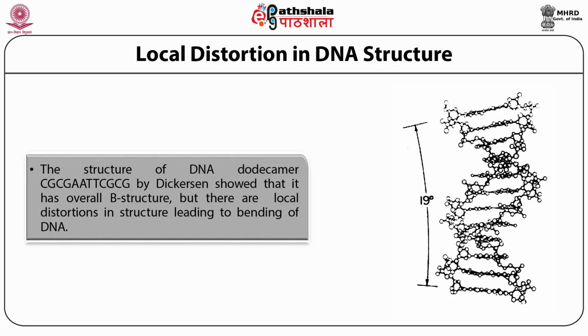This DNA had overall parameters same as B structure, so it was B DNA, but there were local distortions in this structure leading to the bending of DNA by 19 degrees.